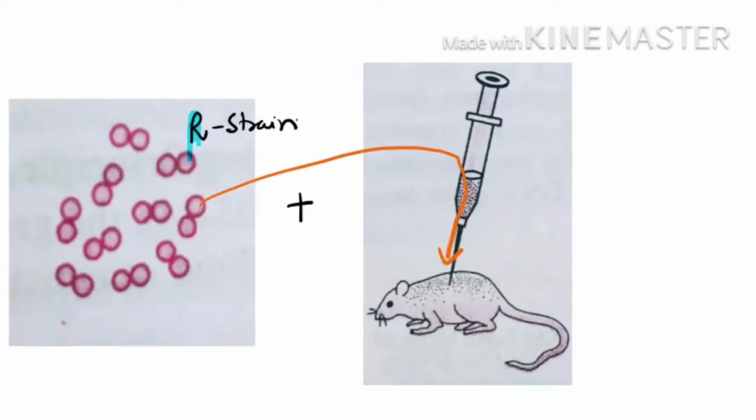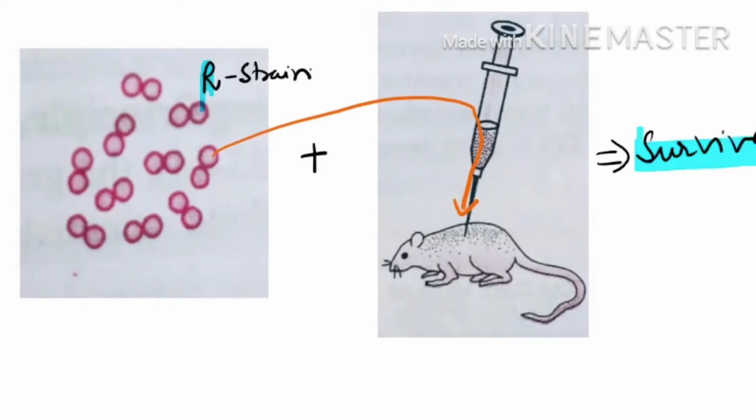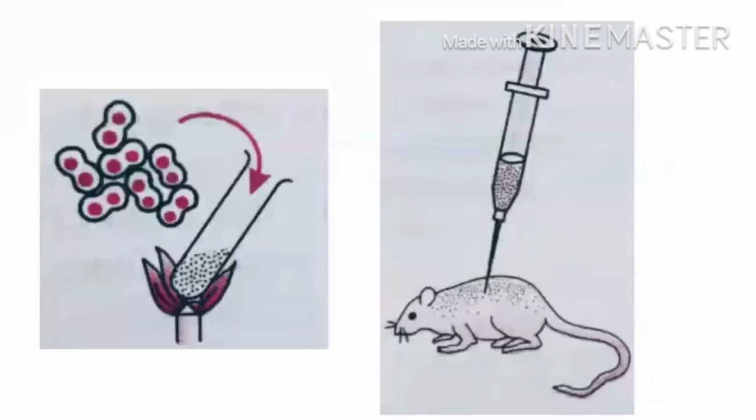What he observed was that the mice survived. So with the R strain the mice survive, but with the S strain the mice are not able to survive.